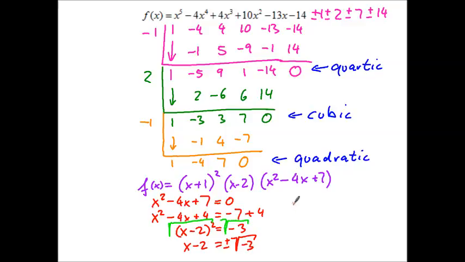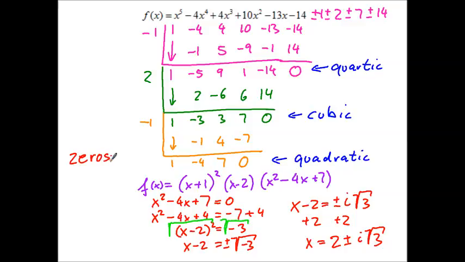So x minus 2 is equal to plus or minus i times the square root of 3. Now we add the 2 to both sides, and x is equal to 2 plus or minus i times the square root of 3.